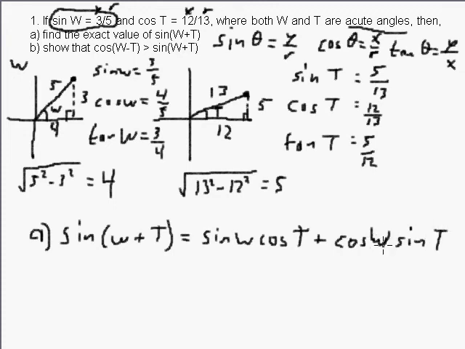Now, I should probably try to make those big. Okay, so I need to know this identity. Whenever you see this thing with a plus in here, I turn it into these. And now I know the exact values for these. Sub them in.